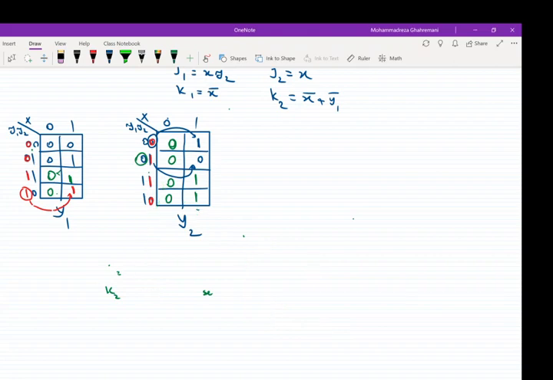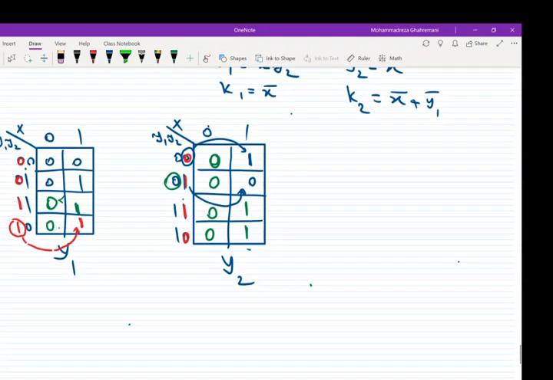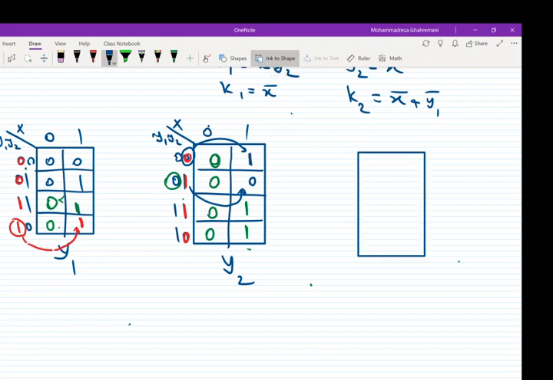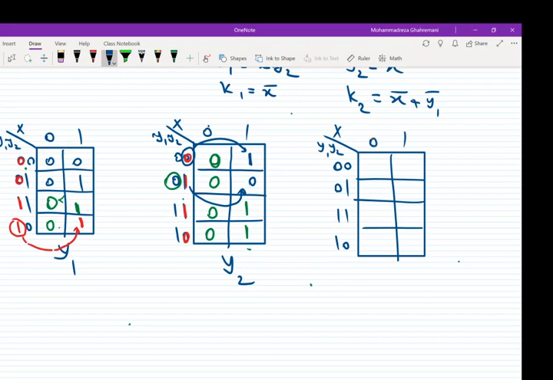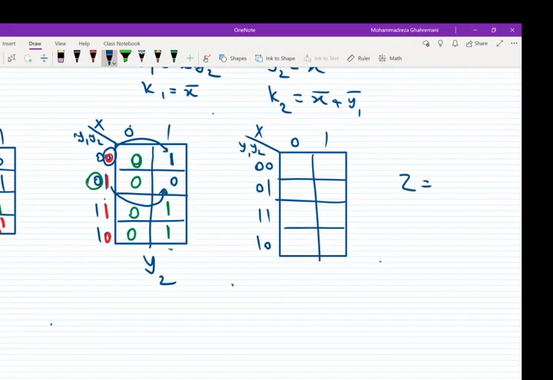Okay, now that we reached this point, let's draw another table, but this time for the output. Here is x, y1, y2, 0, 0, 0, 1, 1, 1, 1, 0, 0, 1. Okay, what is z? Z is equal to x, y1, y2.